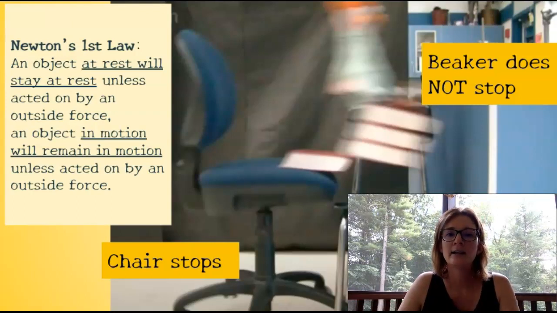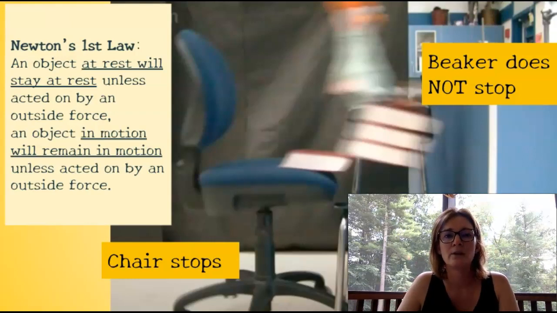Then let's come back and look at what happened to our chair and to Beaker again. An object at rest will stay at rest unless acted on by an outside force. That doesn't seem to apply to either of these because the chair and Beaker were both in motion when we started. So let's go to the second part that says an object in motion will remain in motion unless acted on by an outside force.